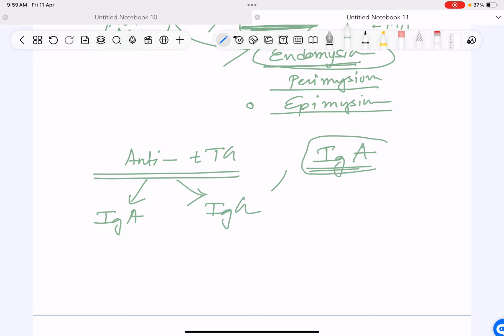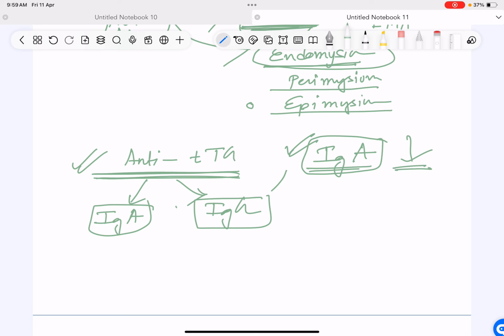In patients with IgA deficiency, the anti-TTG that we order is mostly IgA. IgG anti-TTG is not ordered that much. So whenever you are suspecting celiac disease, order both tests simultaneously, anti-TTG IgA and total IgA levels. If it is deficient, then you order anti-TTG IgG. It's a costly test, anti-TTG IgG, because it is not done frequently.